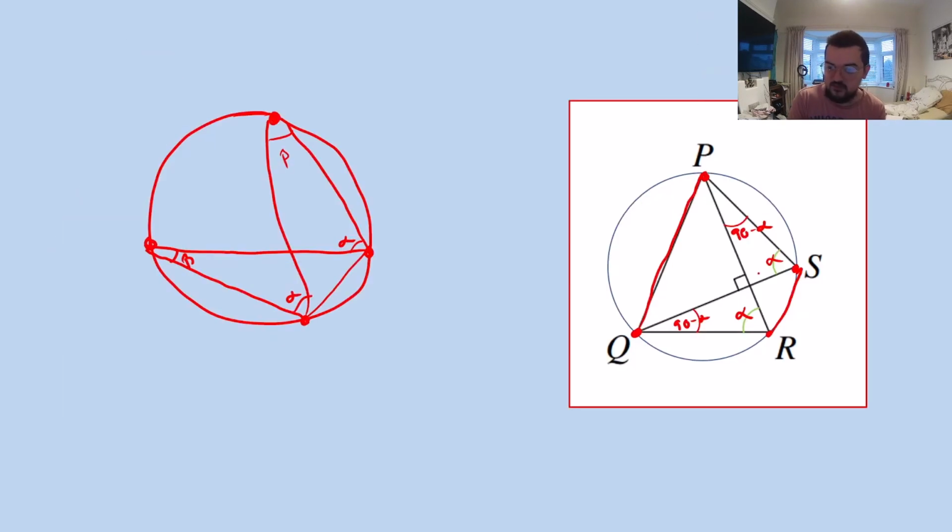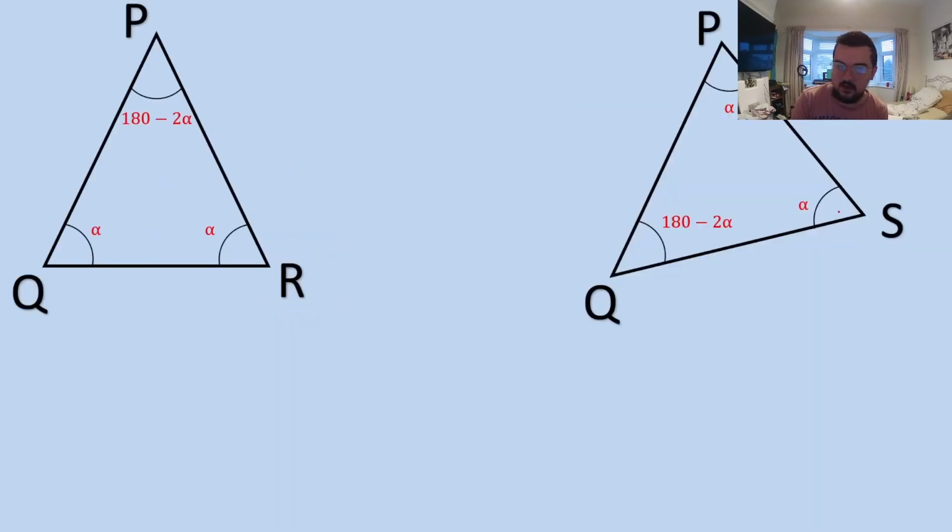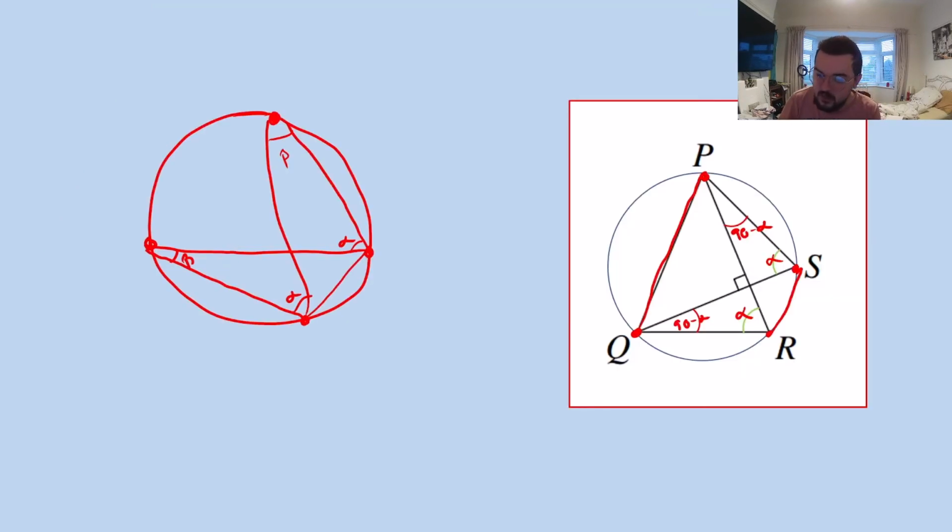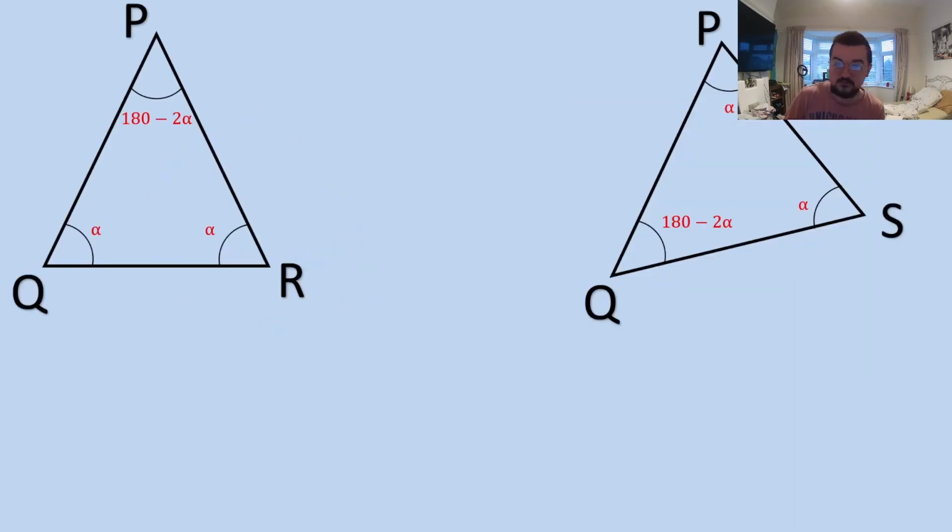We've just shown that PSQ is alpha, and we've shown that PRQ is alpha. So what we've effectively shown there is that these 2 triangles are similar to one another. The angles inside are equal.